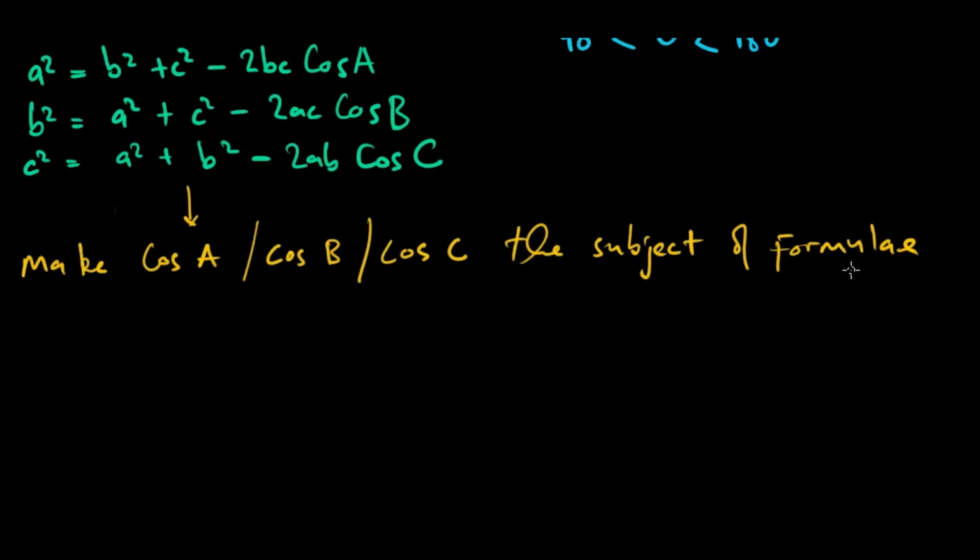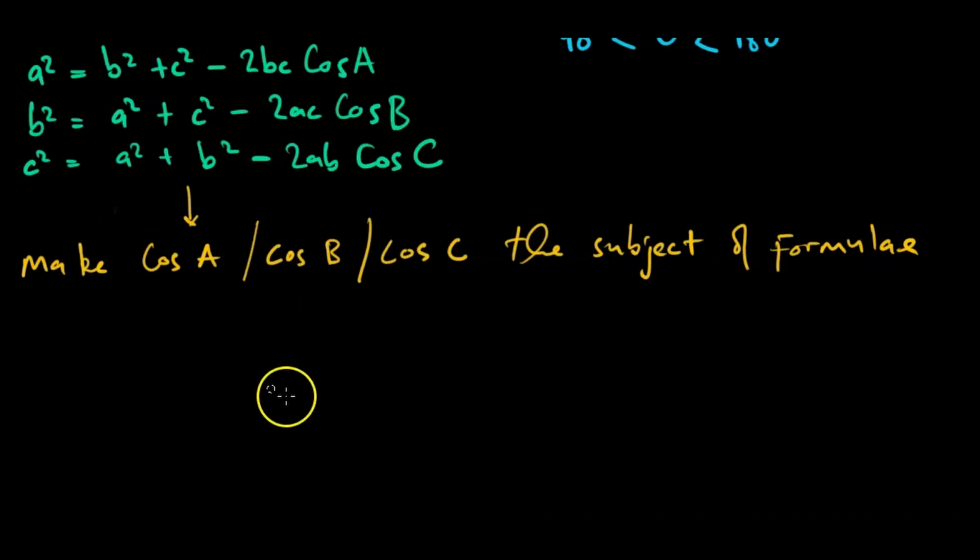For example, a squared is equal to b squared plus c squared minus 2bc cos A. A squared is the subject of formula because a squared is equal to a series of other variables, including b, c and capitalized A. So making the subject of formula is just a situation where something is equal to a series of things. So I hope my explanation is sufficient in this case.